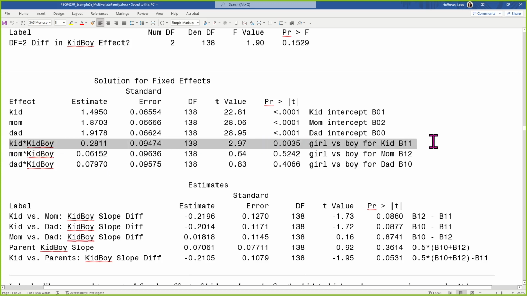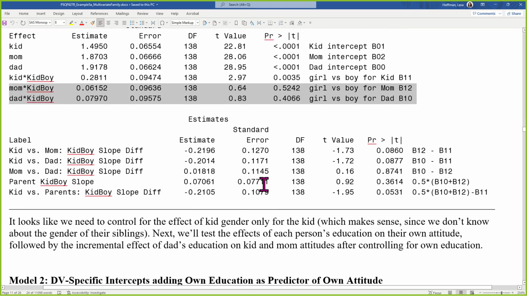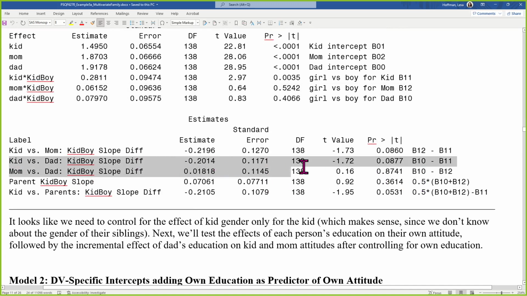But it does look like the child's gender matters for the child. The child's gender does not matter for their parents, which makes some sense because we don't know the composition of the family. And based on the findings, the difference between the slopes, though, is not significant.